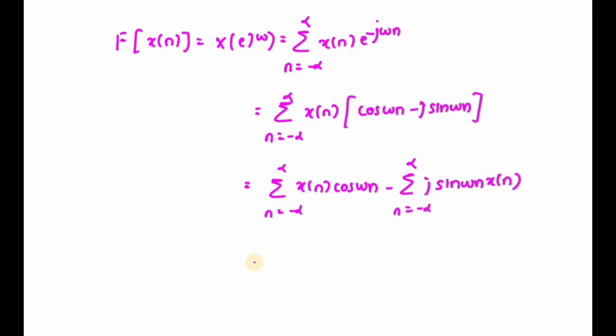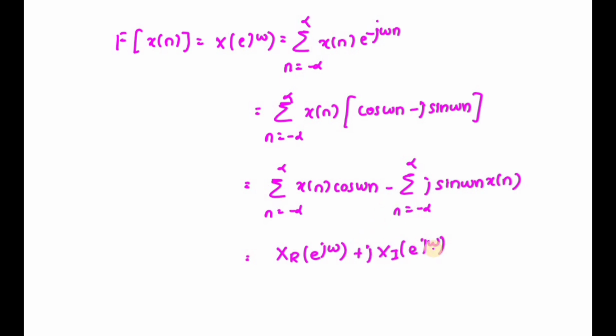So that is equal to XR of e power j omega, this is your real term, plus j XI of e power j omega.